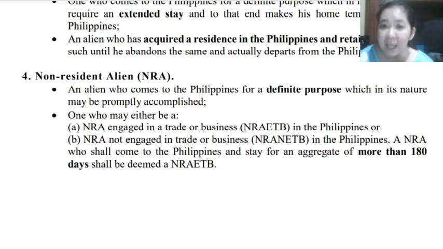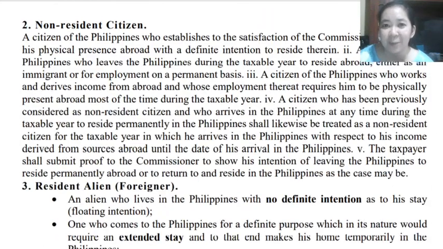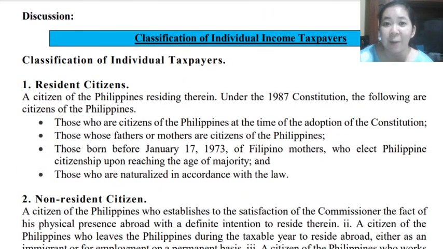If you are engaged in trade or business, you will be classified as a non-resident alien engaged in trade or business. While if you do not engage in trade or business, you will be considered a non-resident alien not engaged in trade or business, following our rule of 180 days. So you will be classified either as engaged or not engaged in trade or business. So those are the 4 classifications of our individual income taxpayers here in the Philippines.